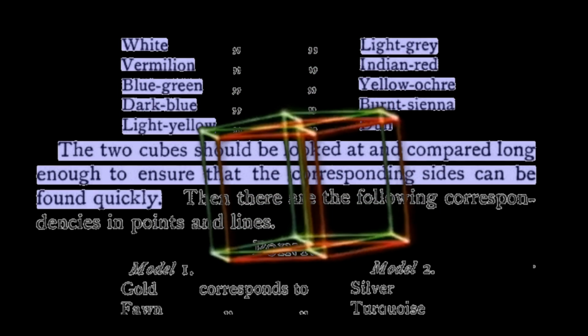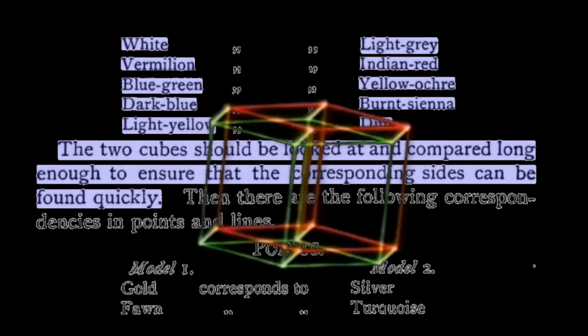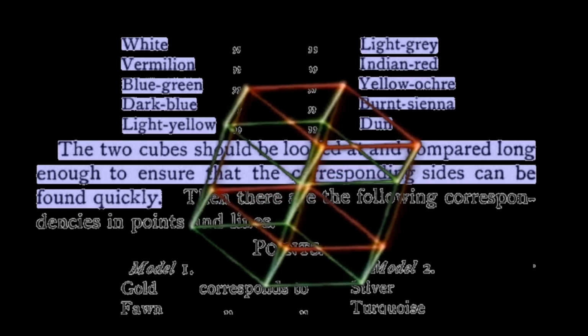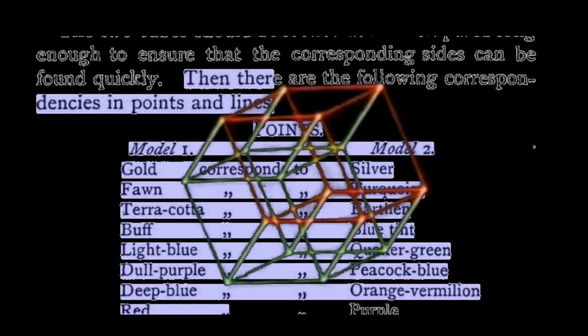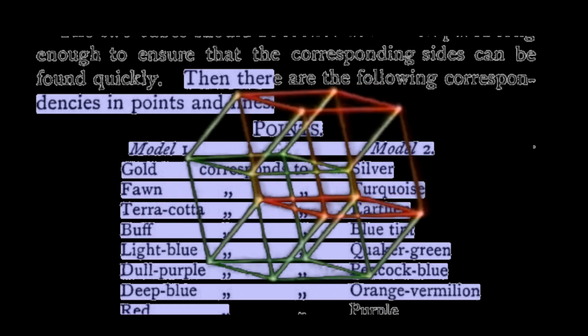The 2 cubes should be looked at and compared long enough to ensure that the corresponding sides can be found quickly. Then there are the following correspondences in points and lines.